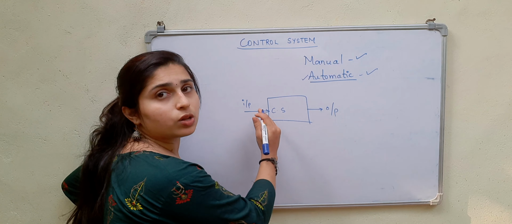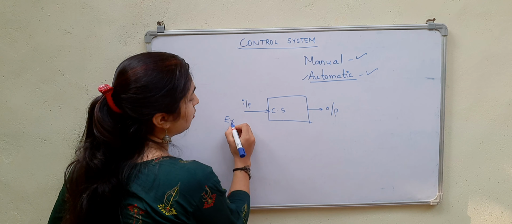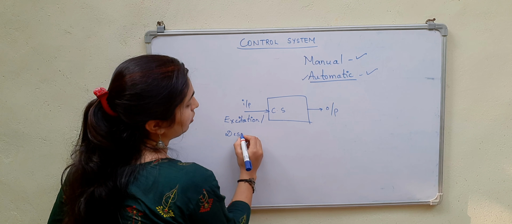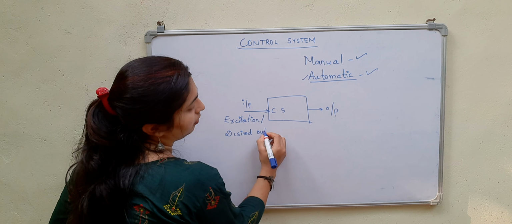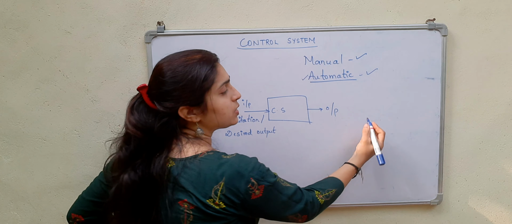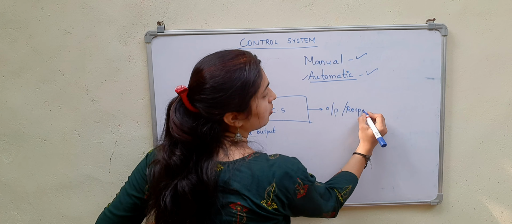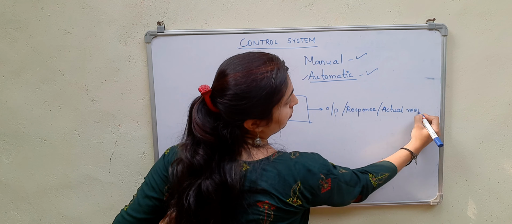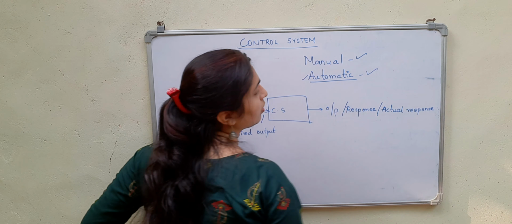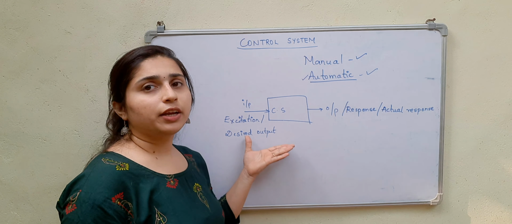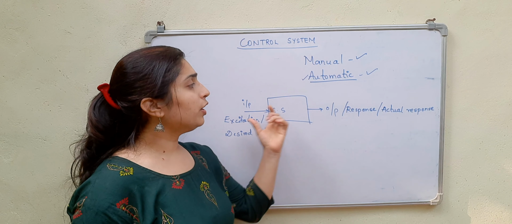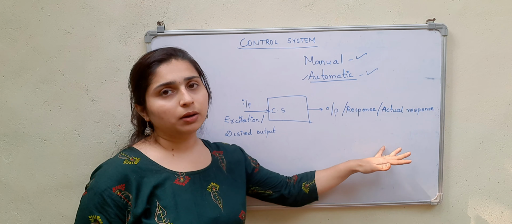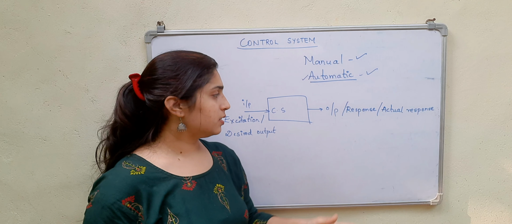The input is also called excitation, or the desired output. The output is also called the response, or the actual response. Whatever input you give, according to that we get the output, so certain objectives are met in a control system.